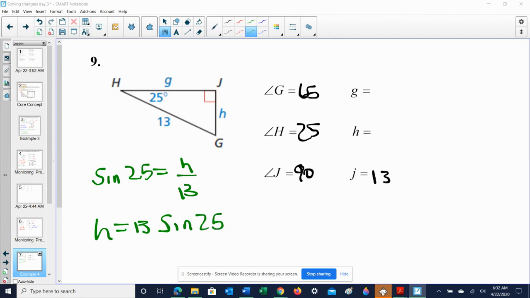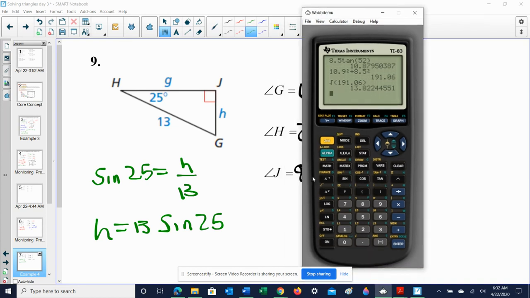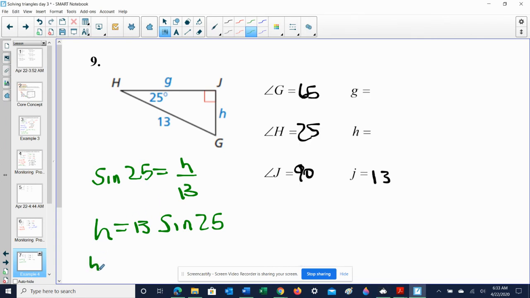Go to your calculator. I'm going to clear everything out for now. 13 sine 25. Nearest tenth is 5.5. So H is equal to 5.5.